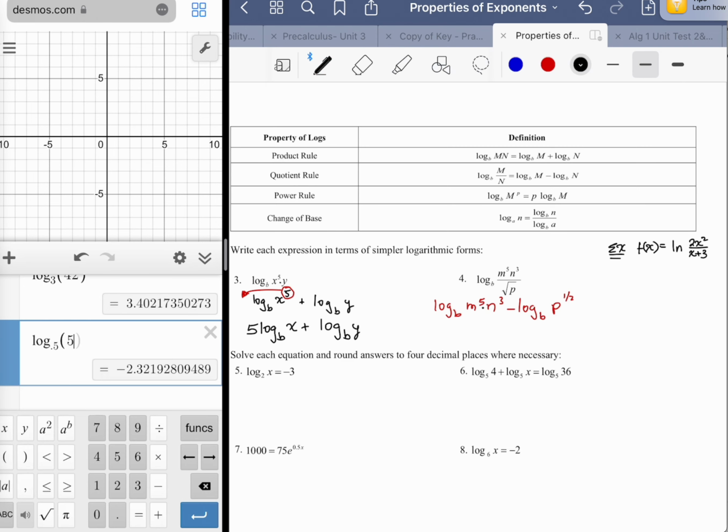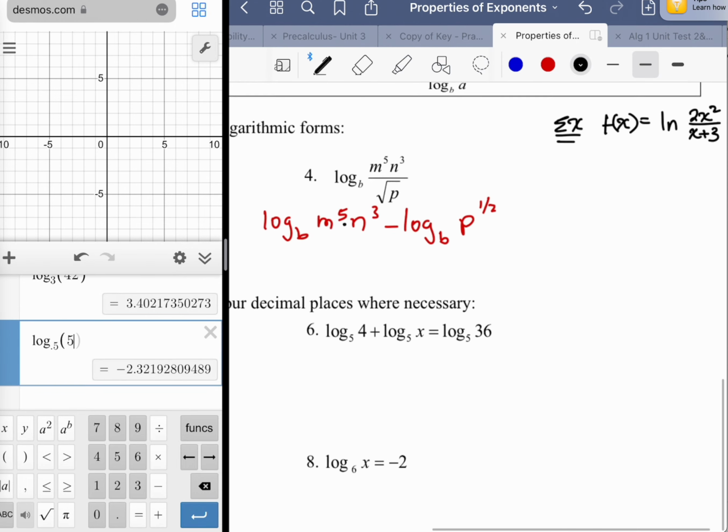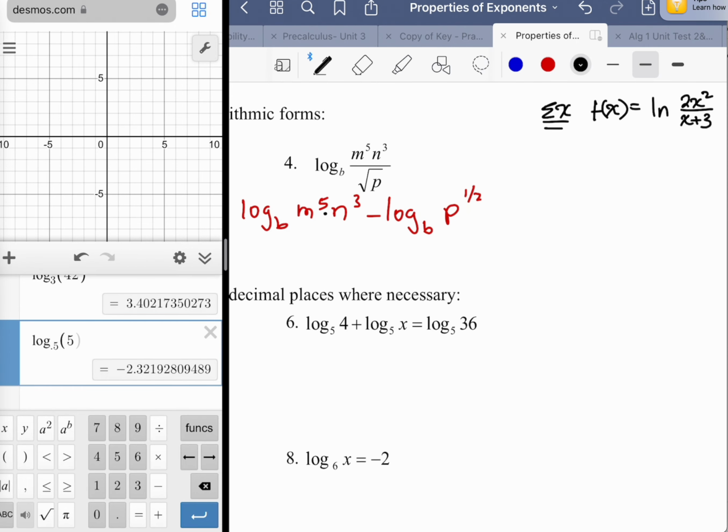That m to the 5th, n to the 3rd, that would be product rule, splits up to log base b of m to the 5th plus log base b of n to the 3rd, minus, we still have that log base b of p to the 1/2.